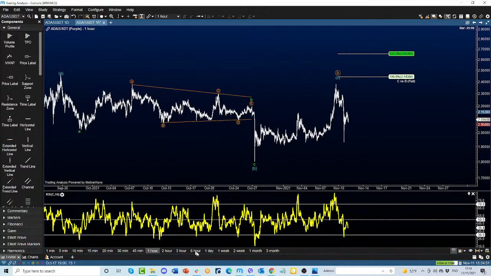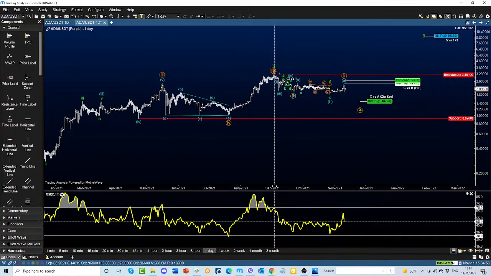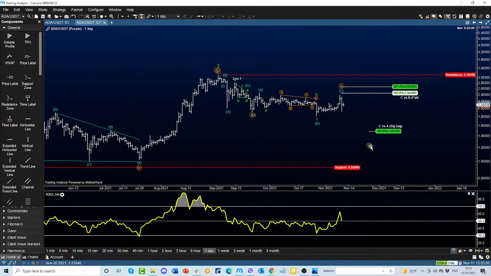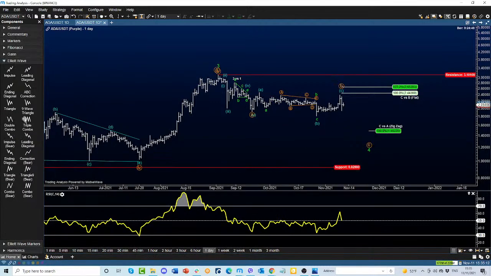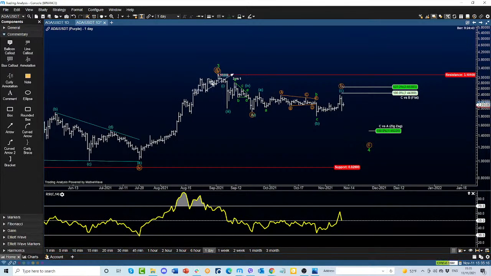I'm starting to look at pretty sizable corrections on many altcoins. I cannot confirm that, but this will be my wave 4 in ADA, ranging between 1 and 1.2 and even a little bit lower. This is still not confirmed. I was pretty sizably attacked on Twitter for calling out this reversal on ADA a couple of weeks, I think before September, actually looking for a move down to 1.8.